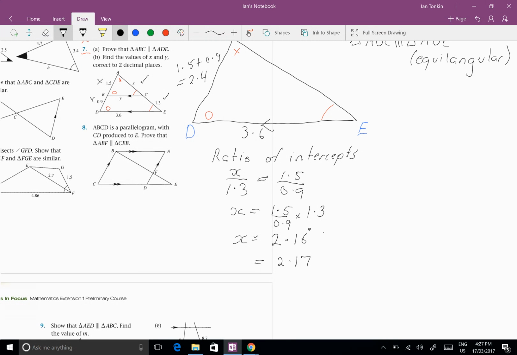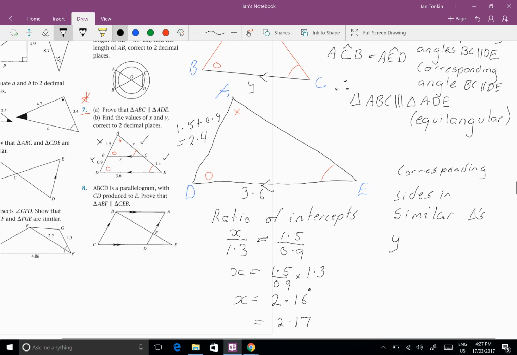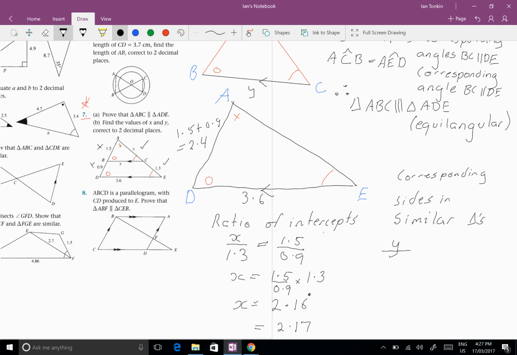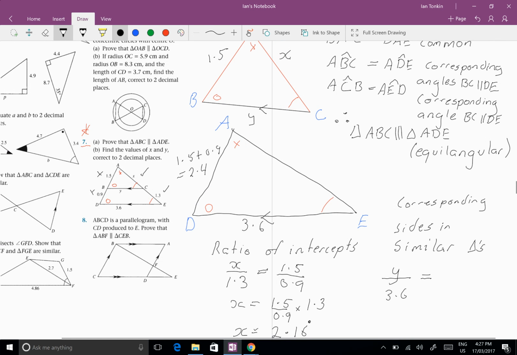The other one, to find Y, uses corresponding sides in similar triangles. So Y, if we look up here, Y in the small triangle corresponds to 3.6, which equals 1.5, because the sides are in ratio to the big side.